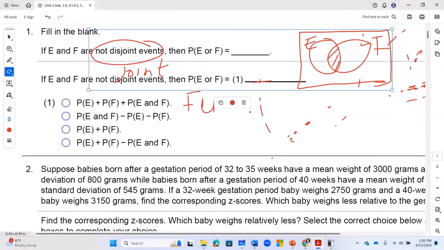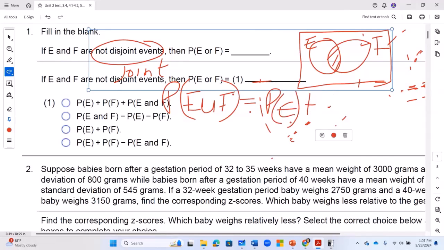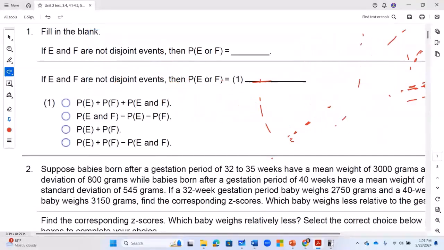The probability of E union F is equal to probability of E plus probability of F, then you have to put the intersection. I've got to write it again.